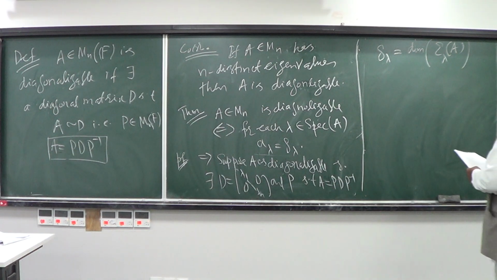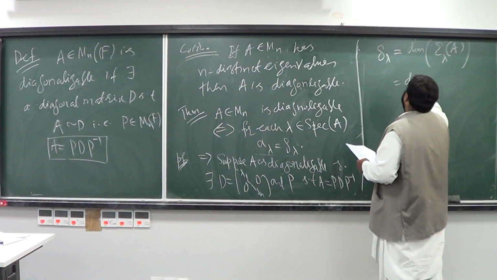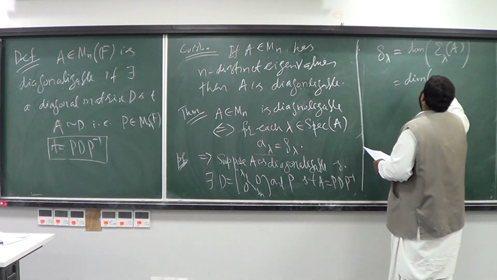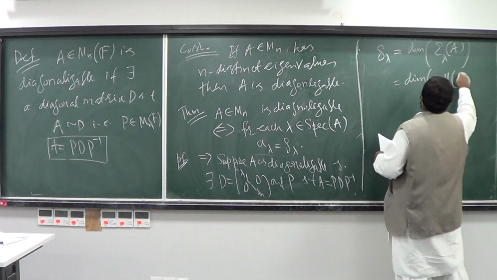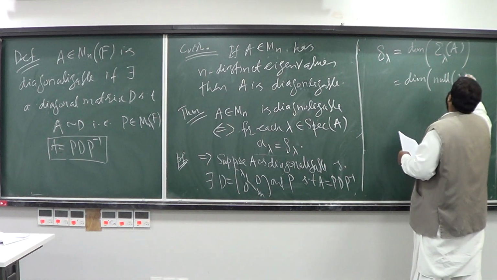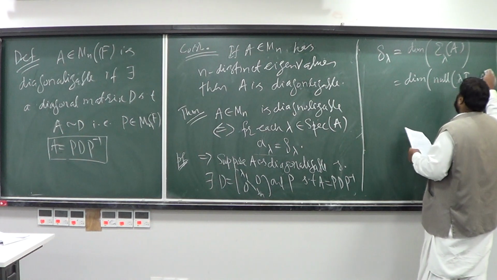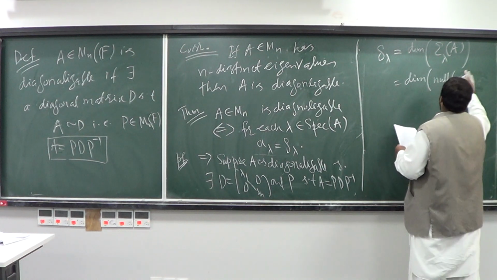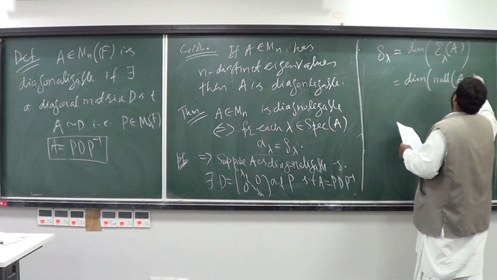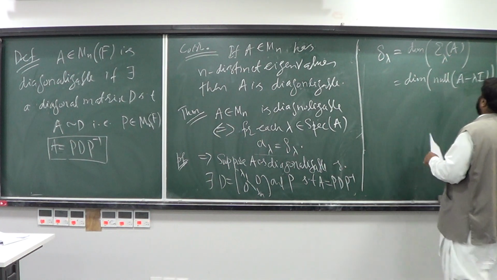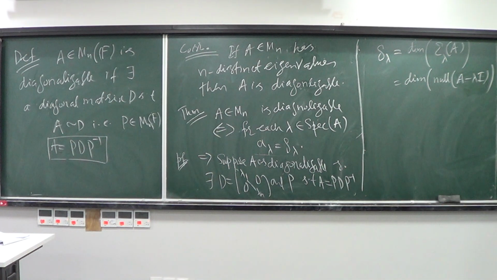This is the same as the dimension of the null space of A minus lambda I. By definition, this is the eigenspace.